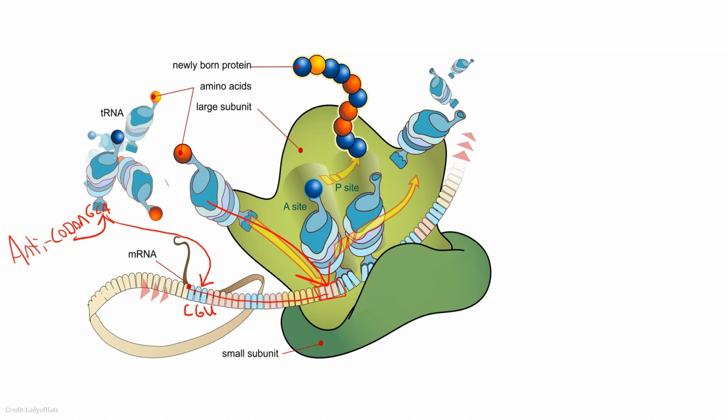So there's a lot of different tRNA molecules that all have different anticodons, and depending on the anticodon that a tRNA molecule has, it also has a specific amino acid that it attaches to. So you can see that this really is the link between the nucleic acid part and the amino acid part.